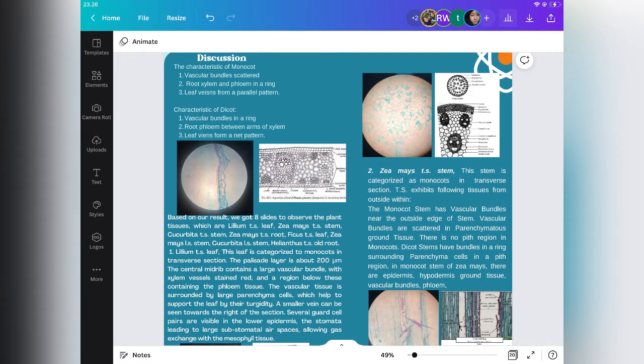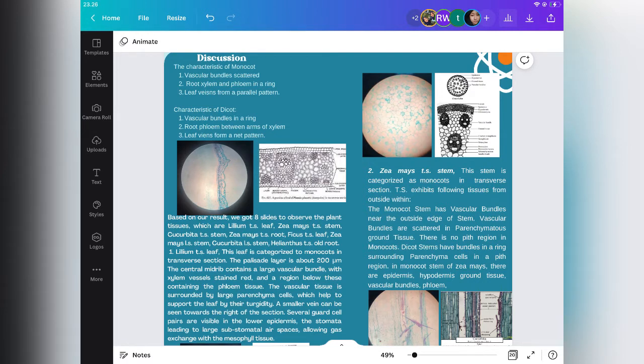The second is the stem of zeamice in transversal section. It exhibits swelling tissues from outside. The monocot stem has vascular bundles near the outside edge of the stem. Vascular bundles are scattered in parenchymatous ground tissue, and there is no pith region in monocots, while dicot stems have bundles in an inner ring surrounding the parenchyma cells in a pith region.